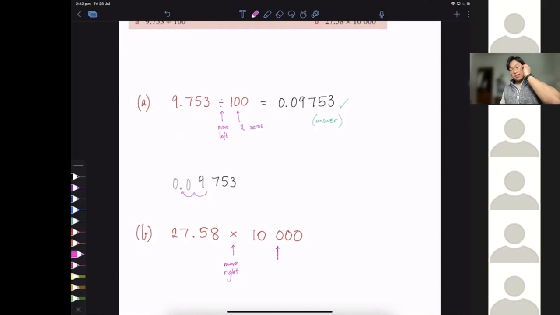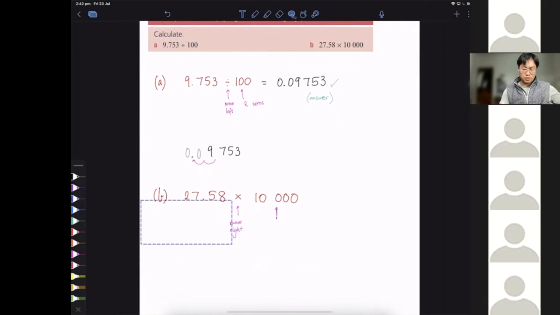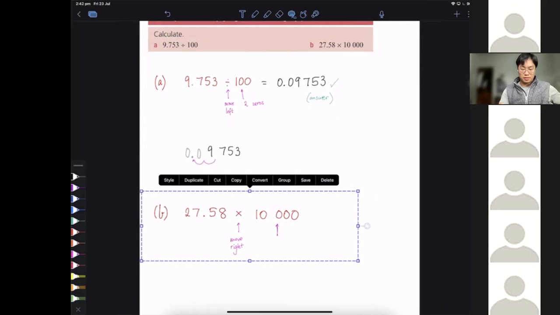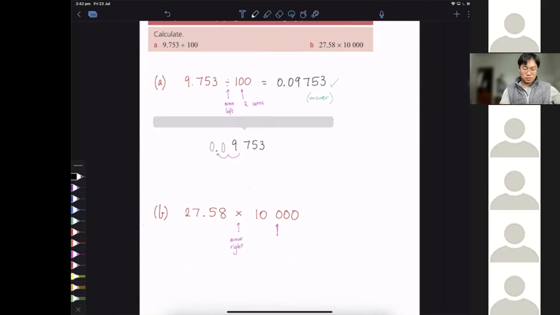Coda, how many times should we move to the right? Can you unmute yourself, Coda, and let me know how many times we should move to the right? On A or B? In question B, please. So see how we're timesing by 10,000 there?